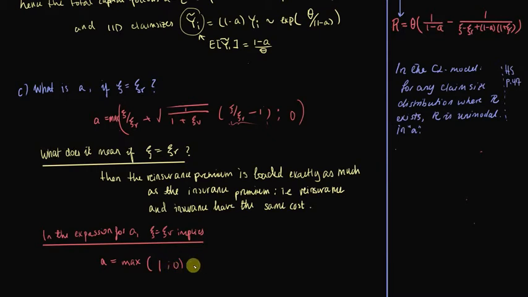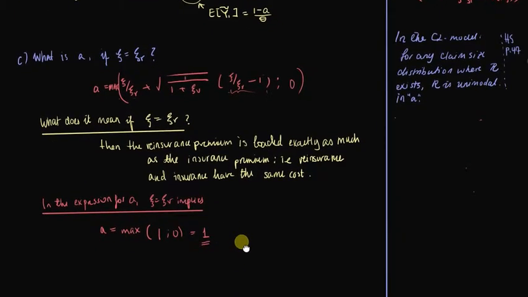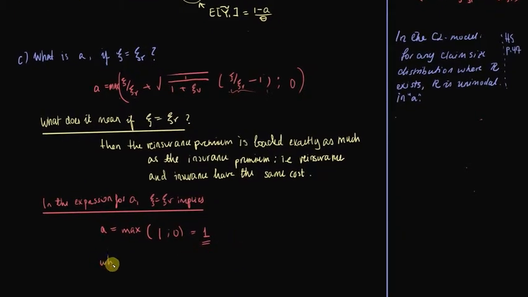So it will be the maximum of 1 and 0, and A will then just be equal to 1, which means that the entire claim is paid by the reinsurance company.